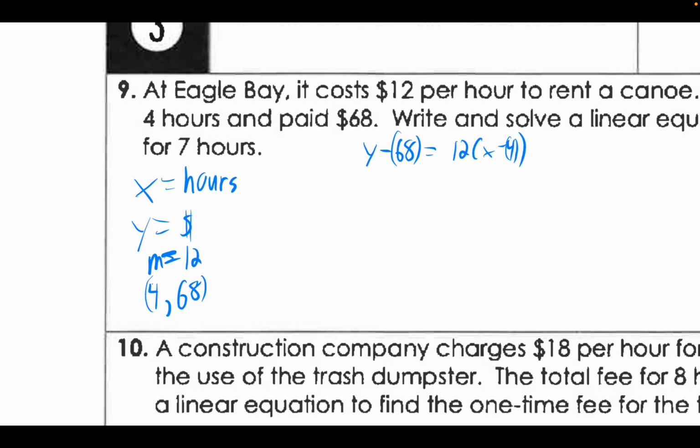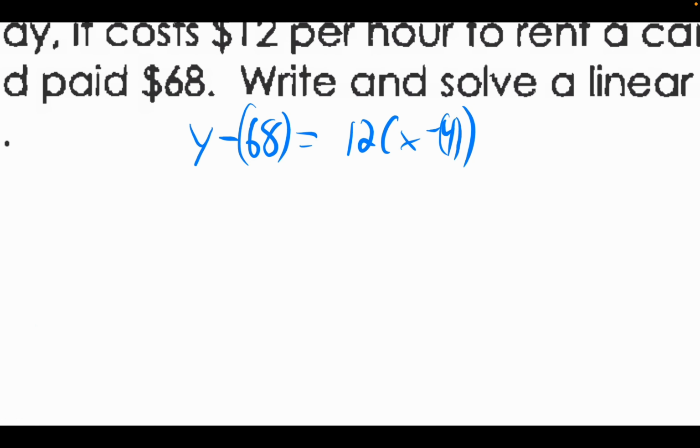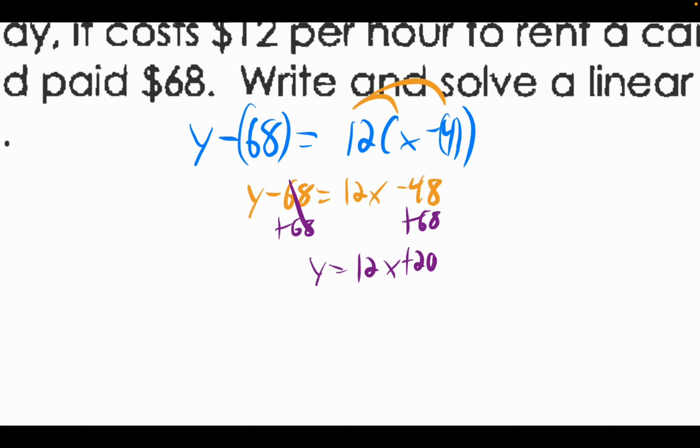And I begin solving to get my equation, just like I did in point slope form before. And so I get y minus 68 equals 12 times x, and 12 times negative 4, which would be negative 48. So now I add 68 to both sides, and I get y equals 12x plus 20 as my equation.